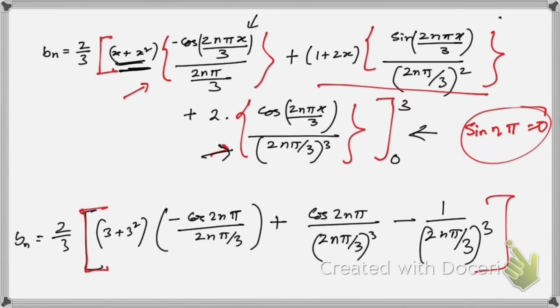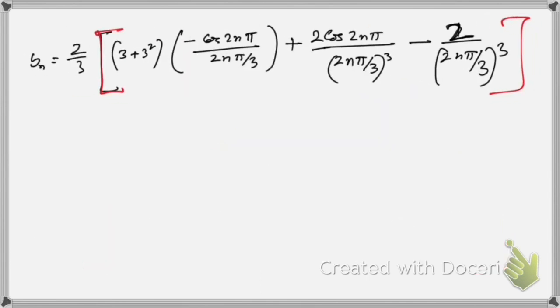Okay, so one more thing, I forgot to multiply these two. These two should be multiplied here, right? So let me go to the new slide. Just wait. So this is what we have got, bn is equal to, right? So now you see, bn will be equal to 2 by 3.